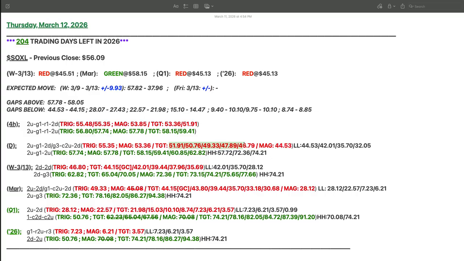Again, we talked about those levels of support that we have in between, 53.36 and 44.53. So we did list them here. Those are levels that price could either bounce from or just go sideways, right? We don't have to get all the way down here to that 44.53 in one day if we are going to get there, right? We've still got a couple of days left in the week, so it could be Friday before we reach it.